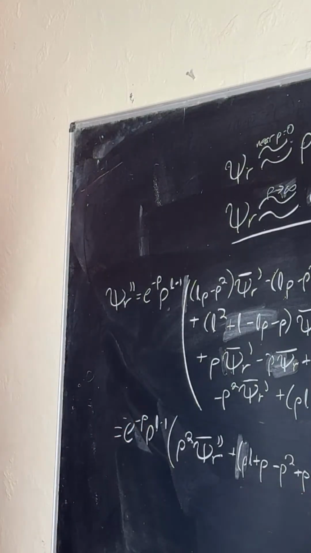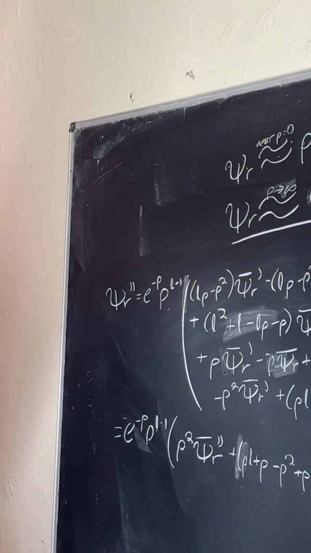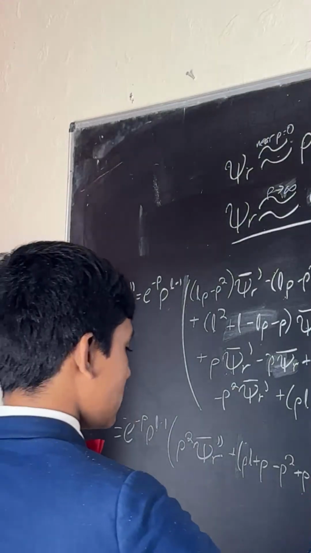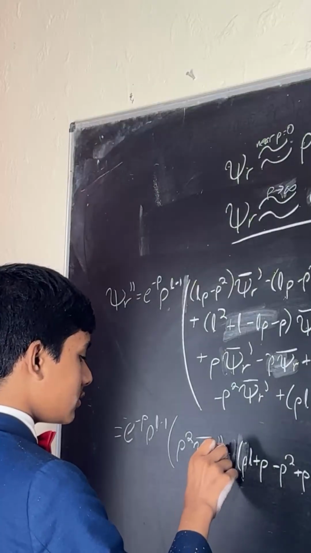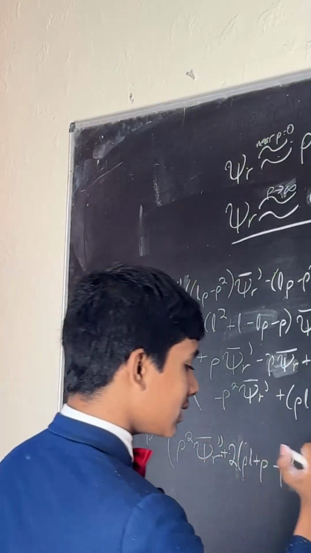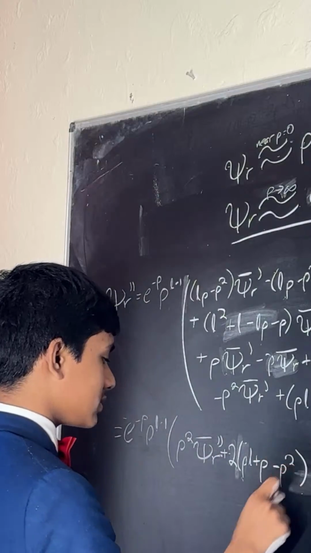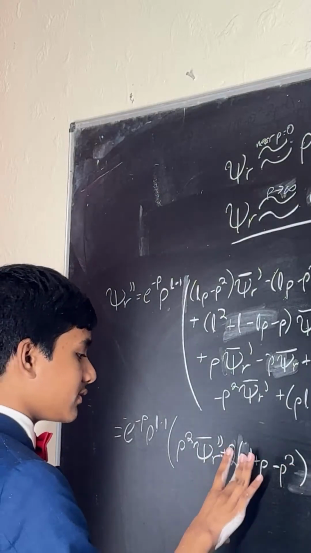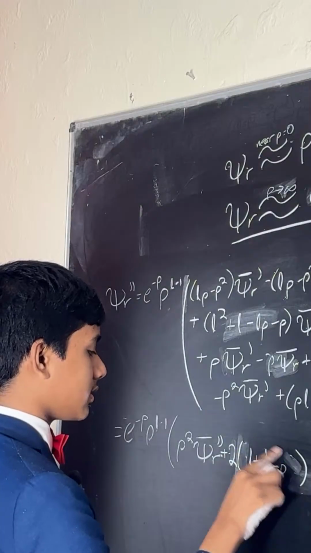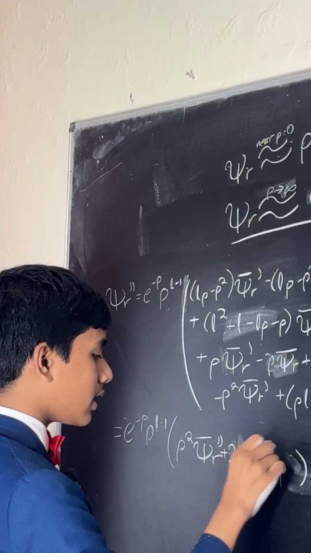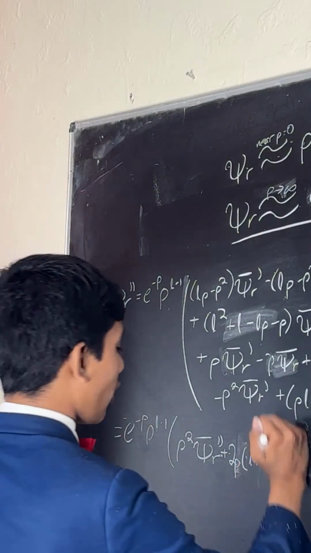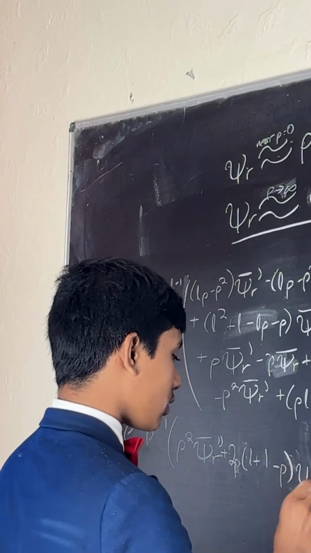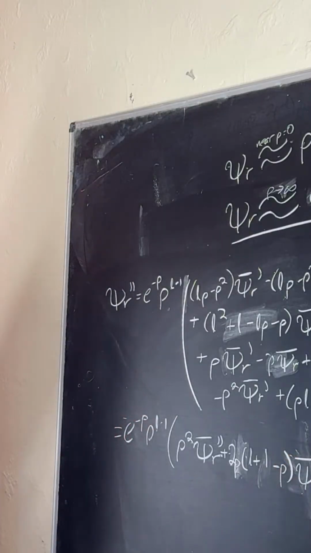Is that right? No, they cancel out, no? Or maybe, whatever. So, as you can see, this should give us 2 times this, which is nice. And we can factorize this even further to get, oh yeah, this is correct, 2 rho times L plus 1 minus rho. Good. So that's all of the psi r overline single prime terms factored.